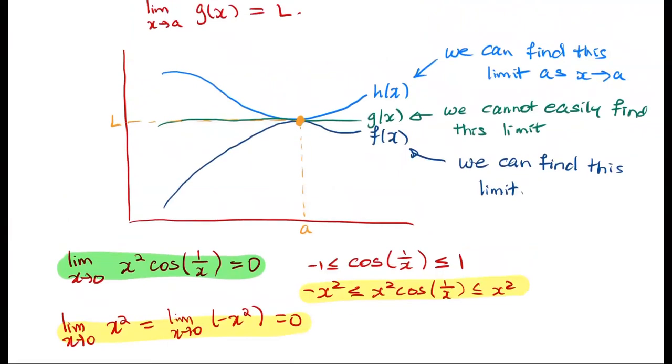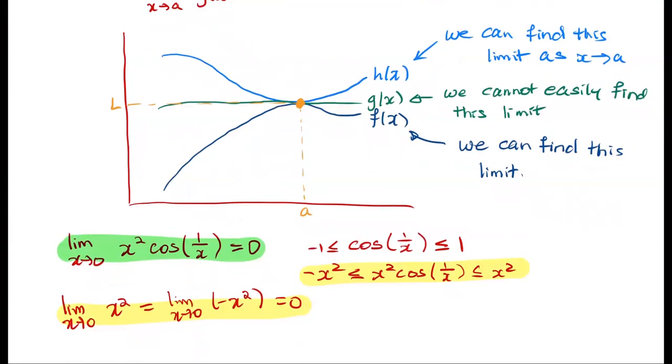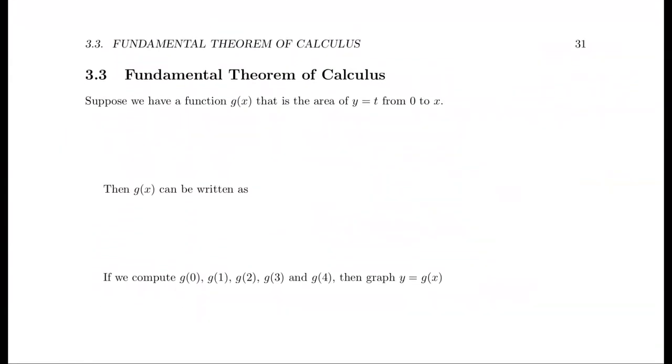All right, so now let's say we have a function g of x that is the area under y equals t, which is the linear function, from 0 to x. So meaning that we have this function between some x here that we will have to find out. So we want to know what this area is.